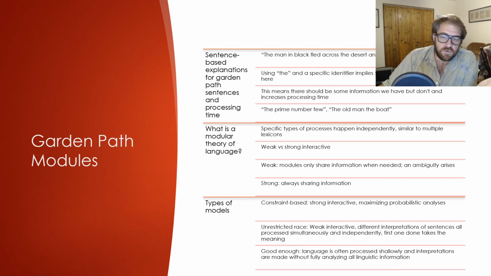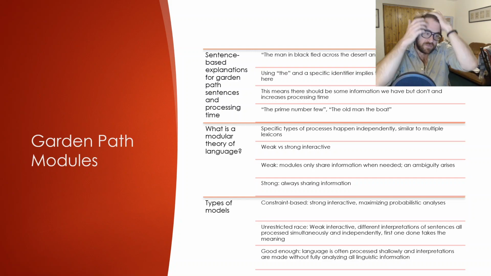It's less likely that when someone just says a phrase like this, that it's going to imply previous information. People don't usually just jump into the middle of a story like that. And so then you might think the prime number, because they're not talking about the really good ones. They're just talking about the prime number. Okay, so I'm going to go with that. The old man, the boat, well, we haven't talked about any young people or age or anything like that, so I think I'm going to go with the old man.